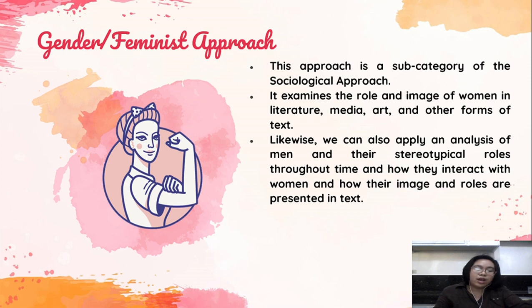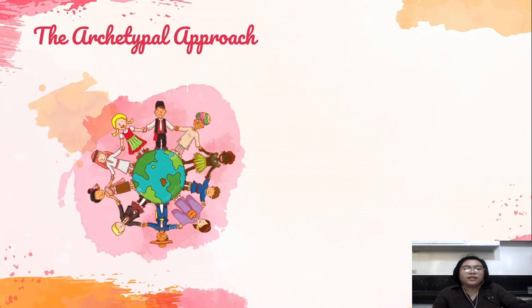Consequently, we can also apply this notion to men. So this approach focuses on the relationship between the characters, either men or women, and their society. Oftentimes, the critic using this approach may also look for the societal issues that tackle race, gender, and classes. Next is the archetypal approach.